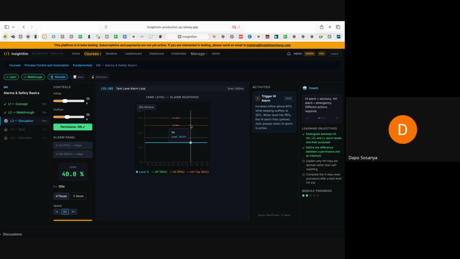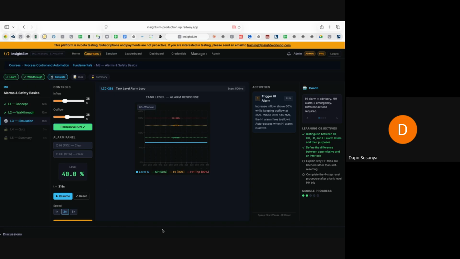This line here is the I alarm, and that is the II alarm, and that's where your trip comes in. The I alarm is set at 75%, and the II alarm is set at 90%. So the system is working normally, the permissive is on, and everything is going smoothly.